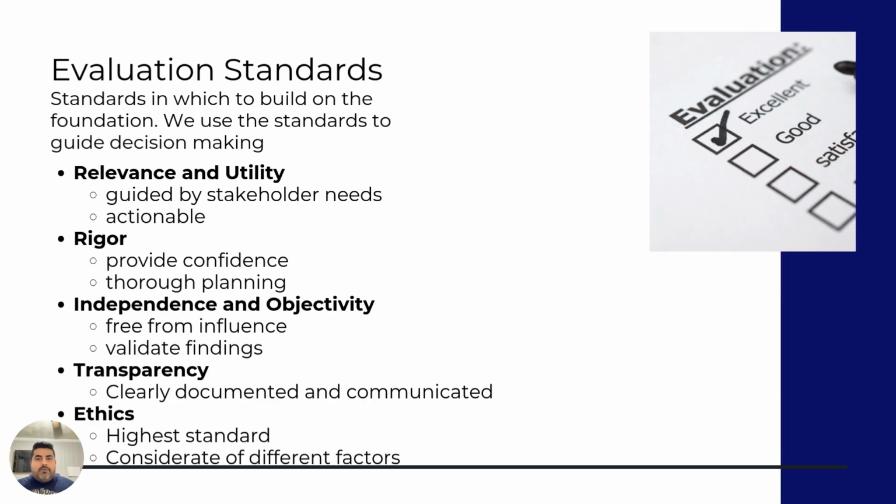You have to be able to use whatever findings you get in order to improve the program. The next standard is rigor. You have to have thorough planning, make sure everything is accounted for in order to instill that confidence into your stakeholders and into the improvements you're trying to make with the evaluation.